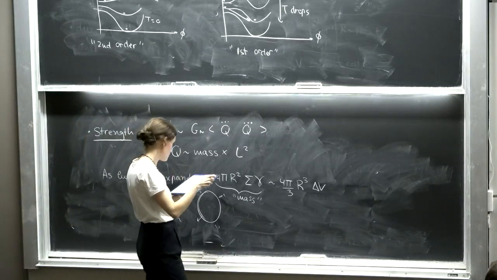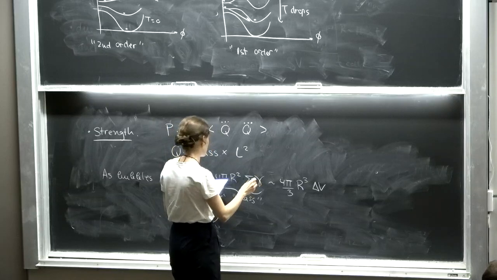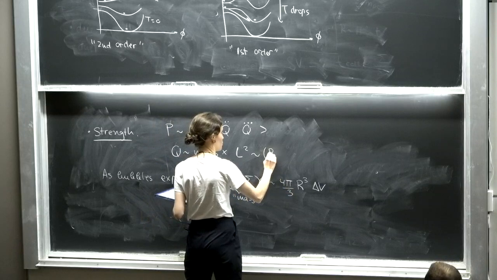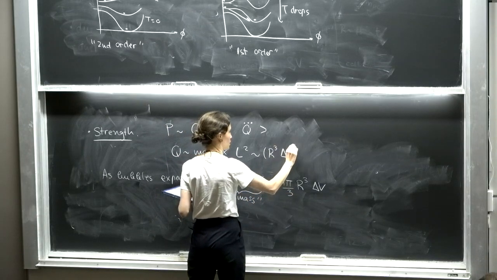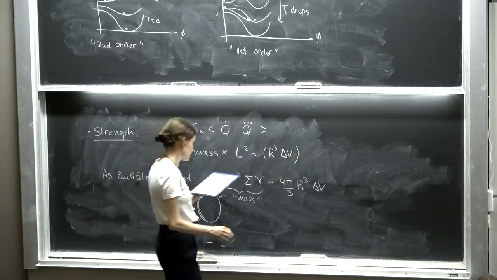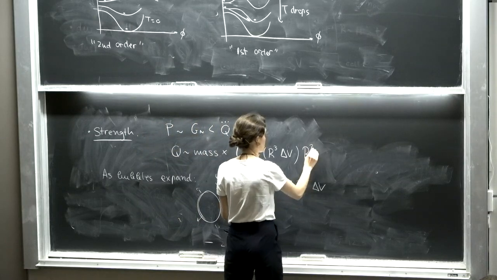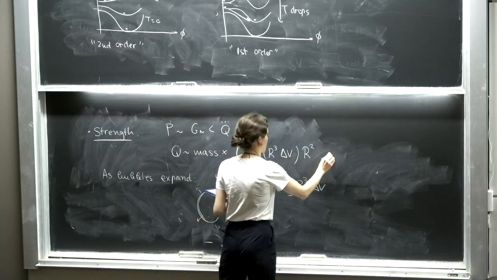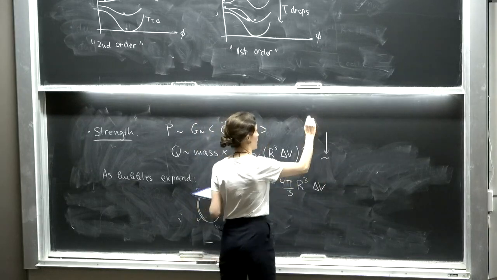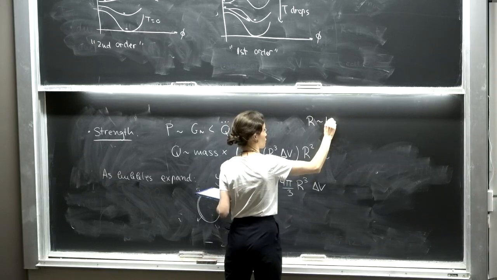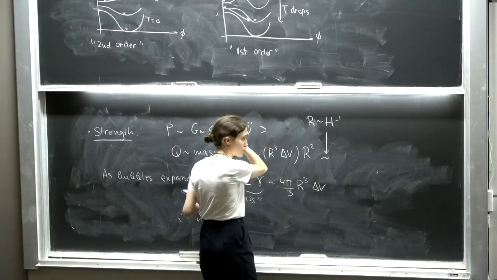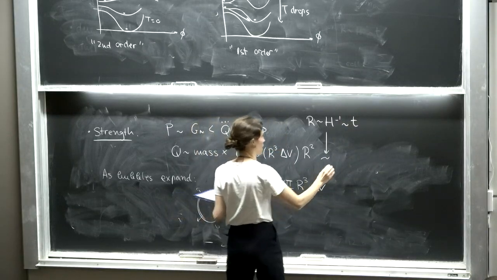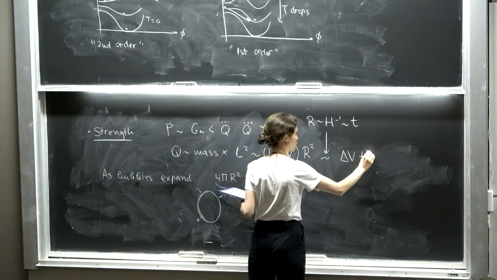So, ignoring factors of pi, the mass is basically r cubed times this delta V, and then the overall size of this system at the relevant time, which is when these things are colliding, is the radius squared. If I'm cavalier, and I just say let's say this is the Hubble size, or at least proportional to Hubble size, and this goes like the time, I get something that goes like delta V t to the 5.